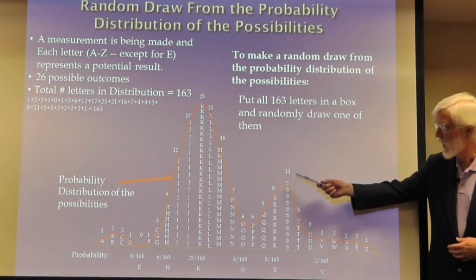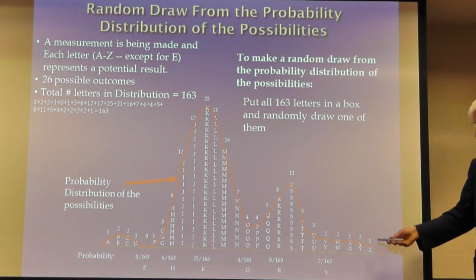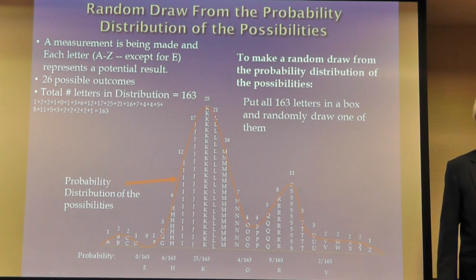And plus 11 S's, and we add all those up, and the total number is 163 letters. So we got all of those letters written on a little piece of paper in a box, 163 pieces of paper. This then is called the probability distribution of these possibilities, where each letter stands for some possibility, right? So that's the distribution.